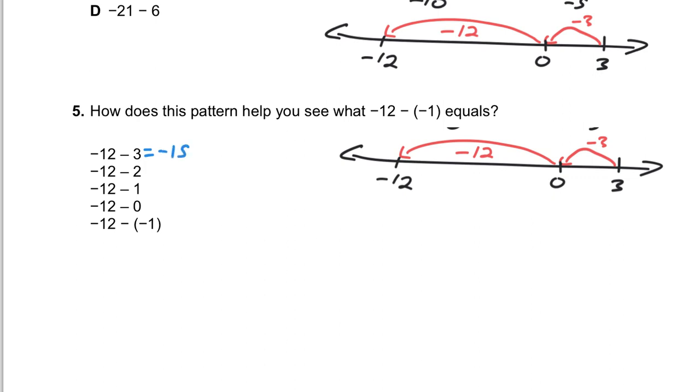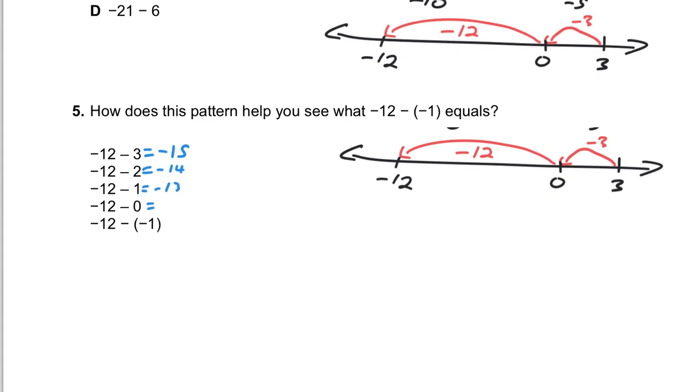Okay, so what if we start at 2? Well, if we started at 2, 2 would be around here, and so instead of subtracting 15, we would be subtracting 1 less. We would only be subtracting 14. So this one would be negative 14. And this one would be negative 13 if the pattern continues.